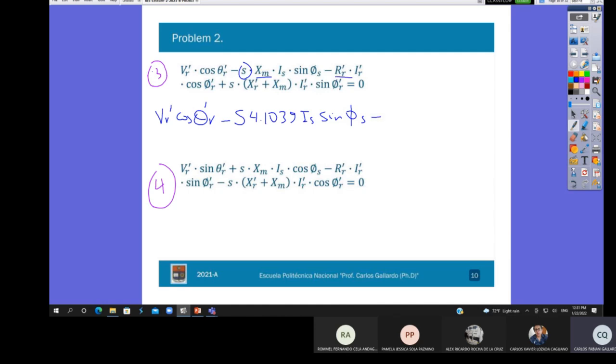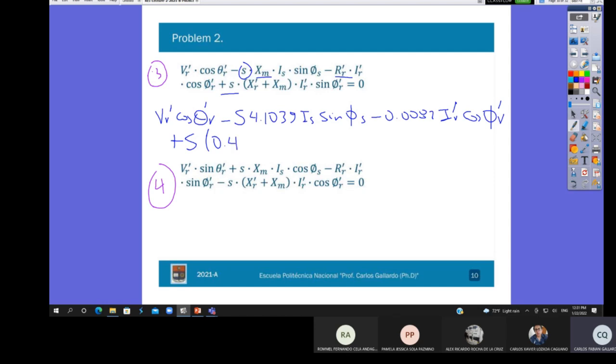Later on, the next term is the rotor resistance 0.0082 times the rotor current cosine of the angle. Plus the slip times the rotor reactance.